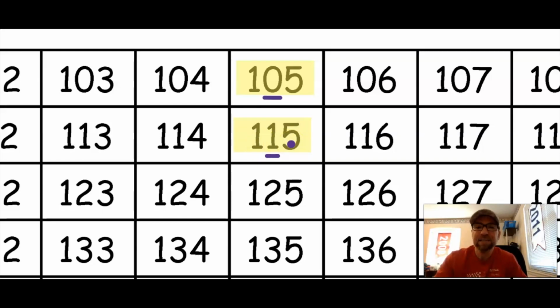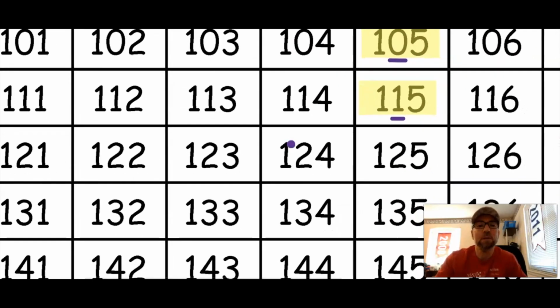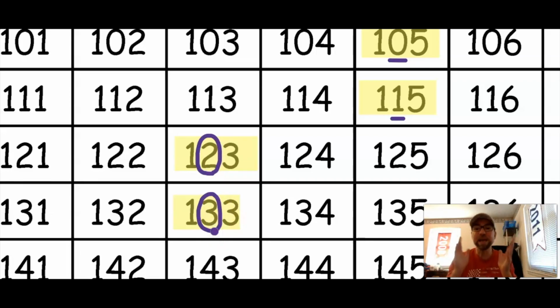Pretty neat. Let me see if I can pick another one. Oh, let's try this one. 123 plus 10. 133. Notice that the 23 became a 33. The only number that changed was the tens digit.